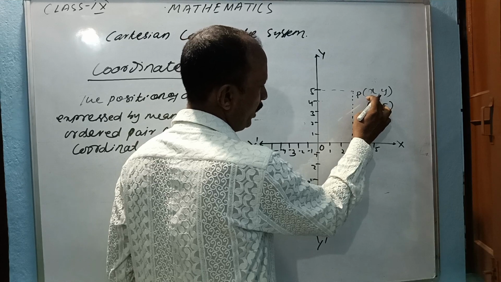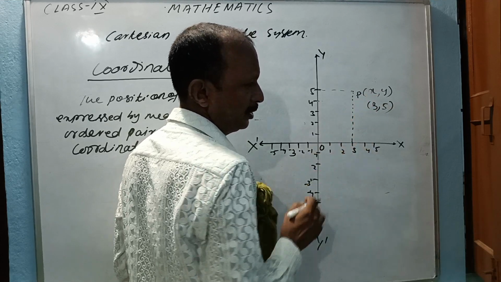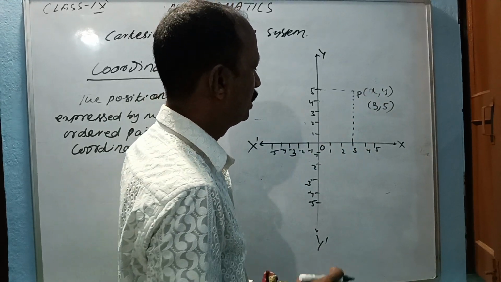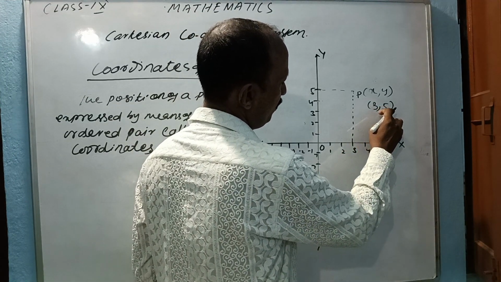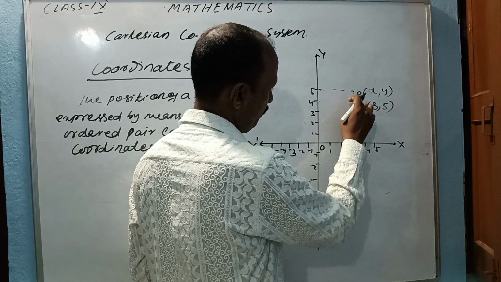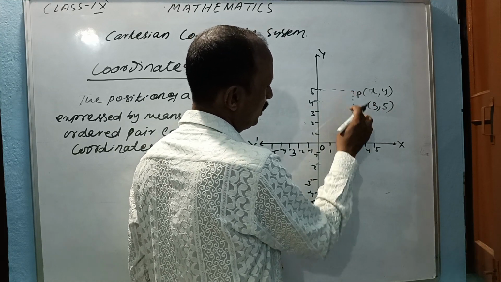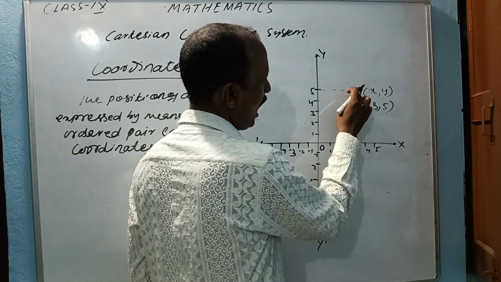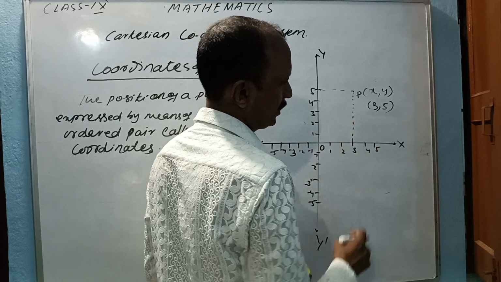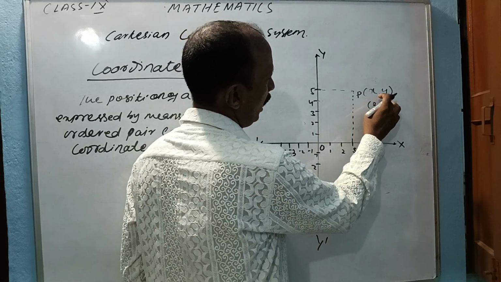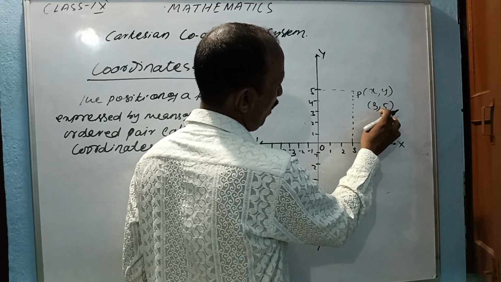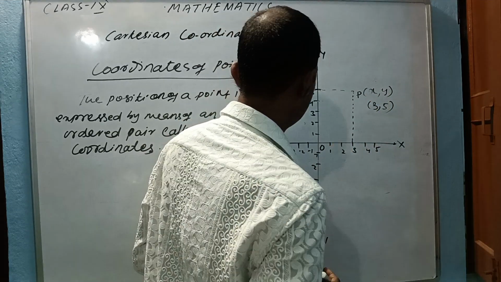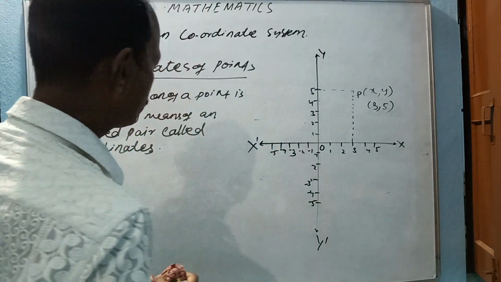Here it is 3, that's why I wrote 3. Similarly, y coordinate here I have mentioned 5. That means the perpendicular distance of the point P from x axis along the y axis. So it is 3 comma 5. Let us see.